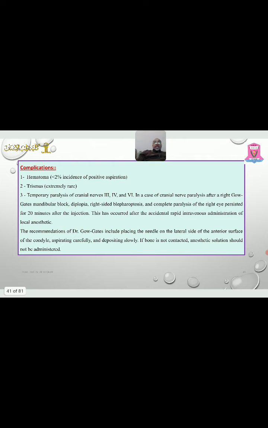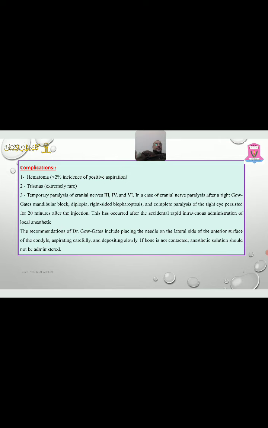الكومبليكيشن ممكن تصاحب الجوجيت تكنيك هيماتوما، تريزموس، temporary paralysis of cranial nerve. من الممكن يصعد السوليوشن through foramen ovale أو spinosum إلى الأوكيولوموتور، التروكلير or even الابديوسنت nerve.